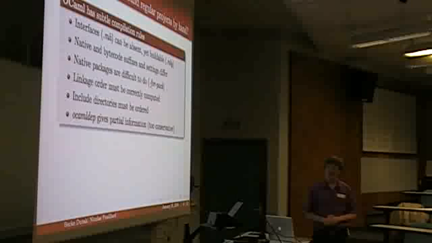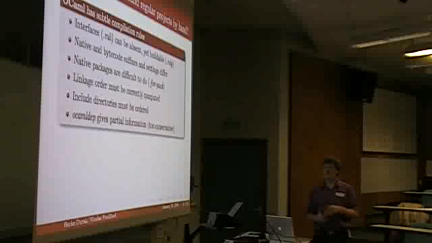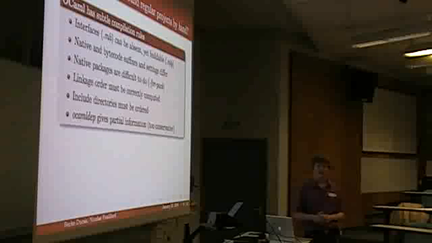Why is it difficult? Because OCaml has some subtle rules. Interfaces can be absent, sources can be absent if there are only types in the MLI, but you can have absent MLI files that are still buildable. So it's not just having rules that say, if there is no MLI, I do that. No, you really must try to build it.